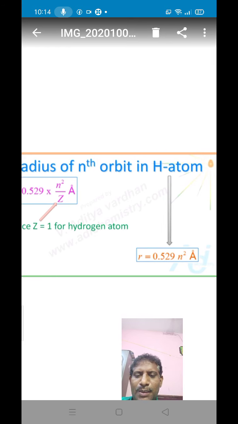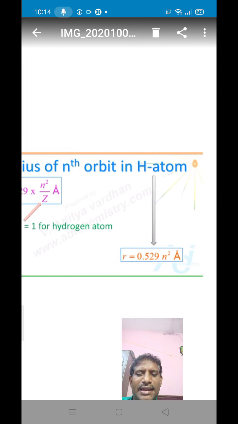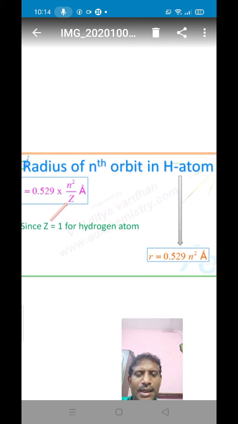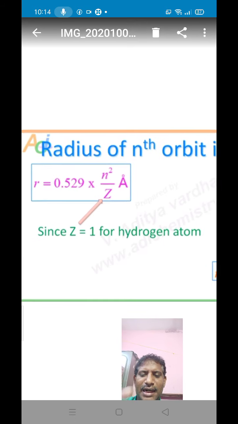That means Bohr's theory gives the expression to calculate the radius of the nth orbit in hydrogen atom. That formula is radius Rn is equal to 0.529 into n square by Z.